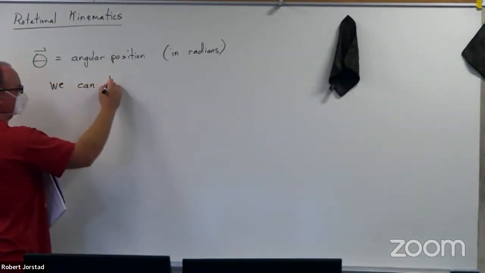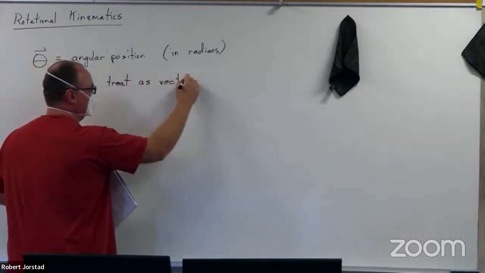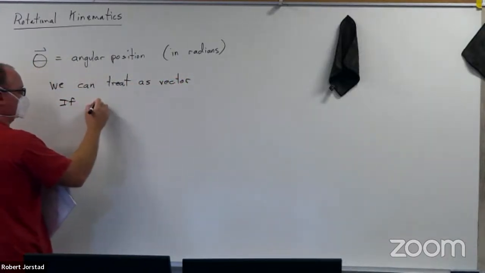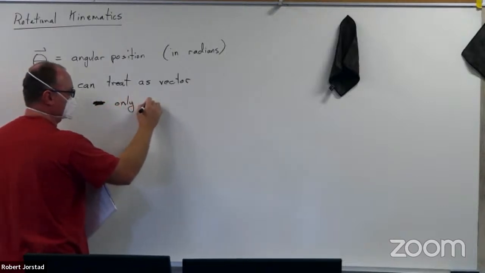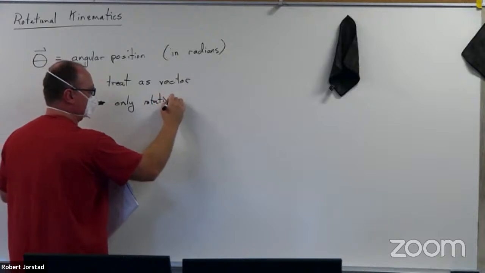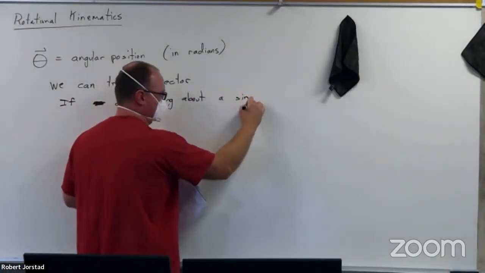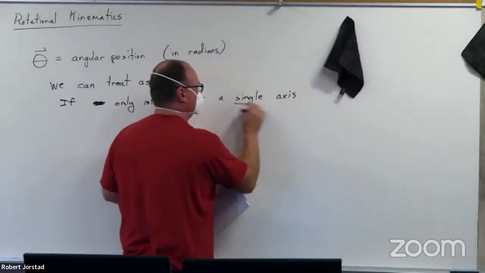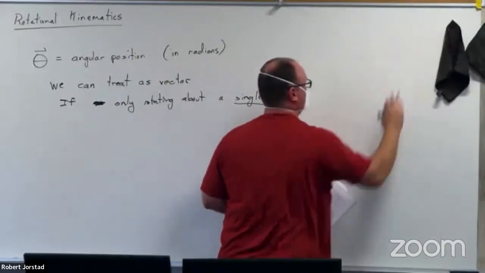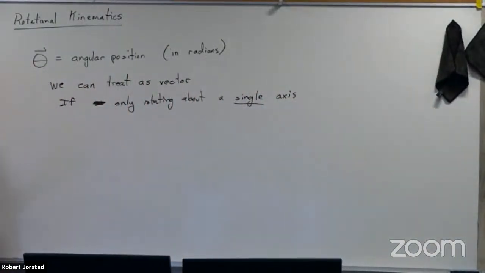So I'm going to say it like this: we can treat theta as a vector only if rotating about a single axis. And that's what we're going to do. In that case, we can treat it as a vector. Dom, is there anything more you want to say about that?